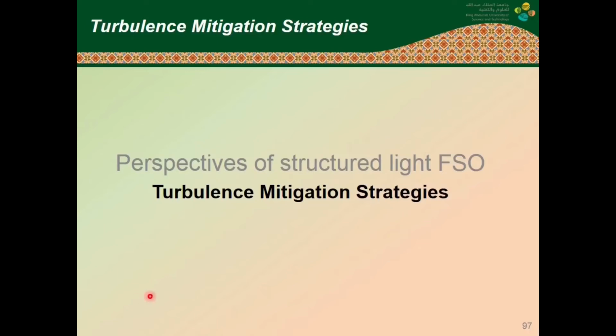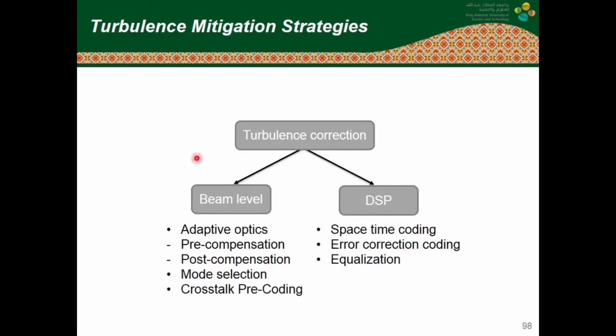After we have seen the challenges for OAM-based FSO communication, in particular those created by atmospheric turbulence, now we move to the perspectives of OAM, in particular the turbulence mitigation strategies. Several techniques have been proposed in the literature to mitigate the random turbulence distortions in free space.